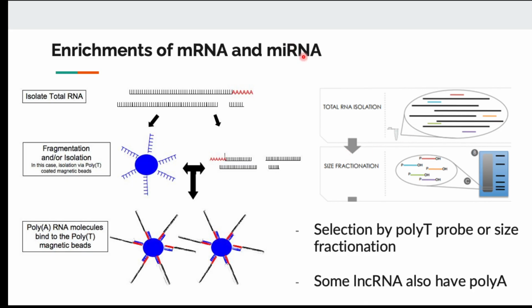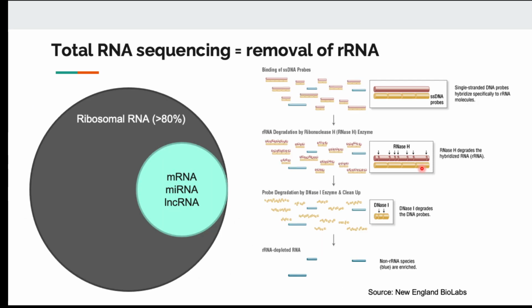For microRNA, because they are very small, like 20 to 25 nucleotides, I think, you can run the RNA sample on a gel and then select by size. You can select the band with the smallest size, and those will be your microRNA. So you can enrich for certain RNA as well. Or if you don't have any specific target, you can study the whole RNA species.